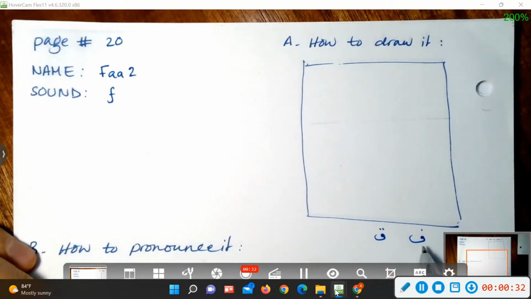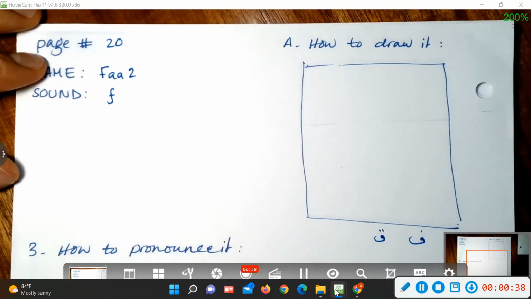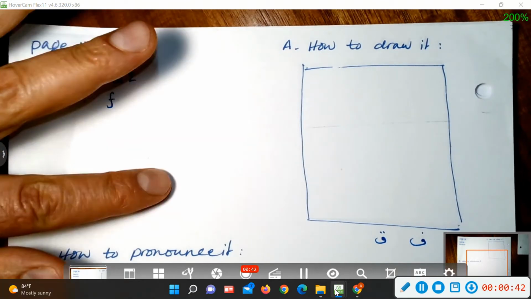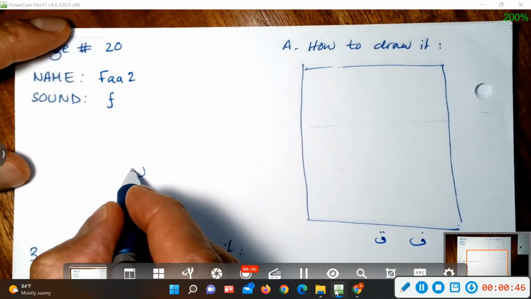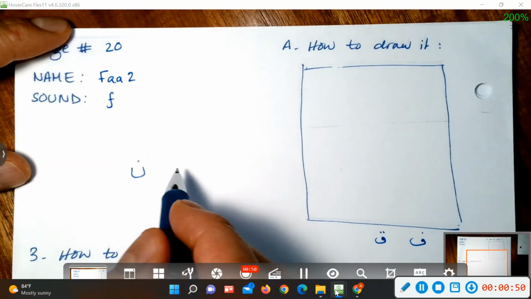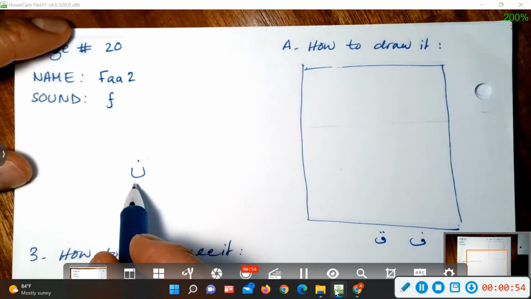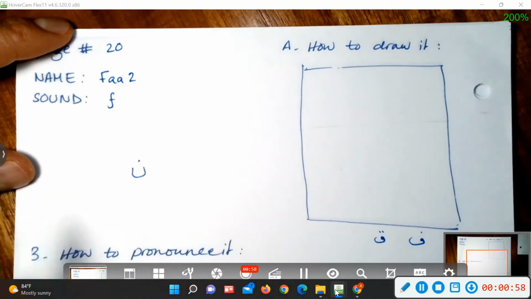The difference between them is a little bit significant. Later on, we're going to study another letter called Noon, that looks like that. And this Noon is connected like Ba and Ta and Tha, exactly the same thing.